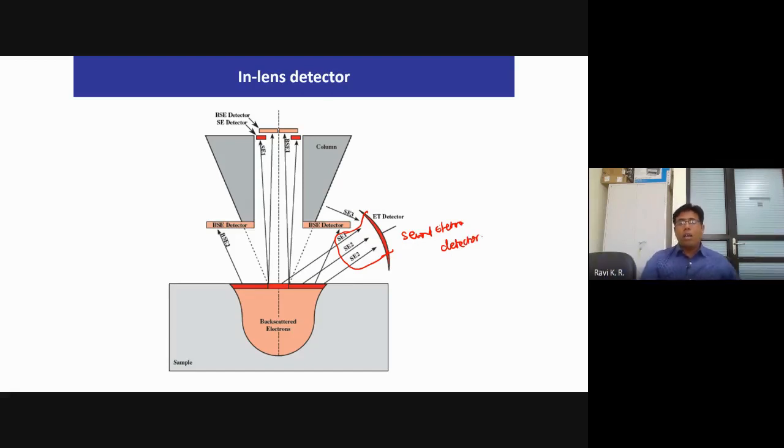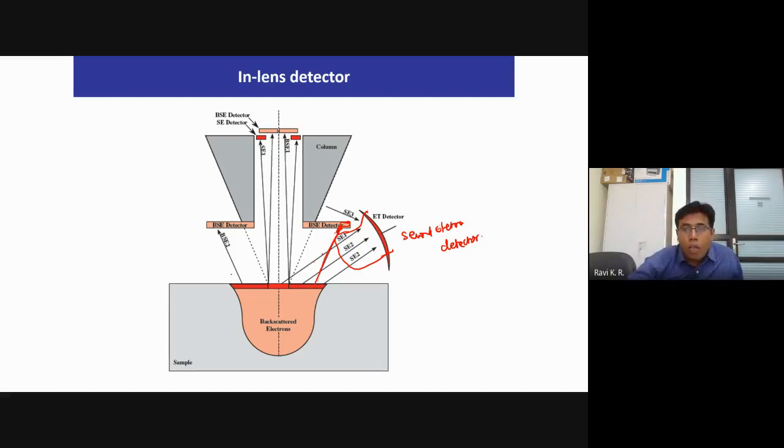But when you go with the sample closer and closer, this is where you're going to have your in-lens detector, somewhere like a BSE detector, surrounding that. In this case, only SE1 goes to this particular detector. That way you can minimize the SE2, because SE2 will be diverging in all directions. So you start getting a better resolution image.